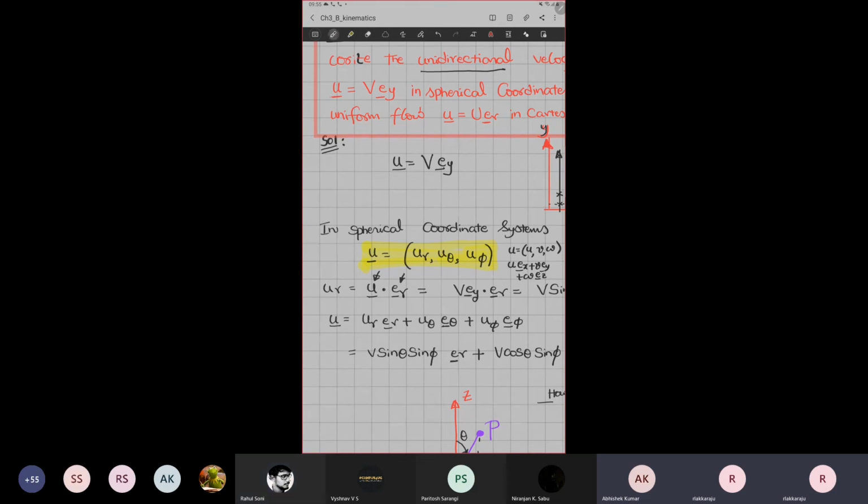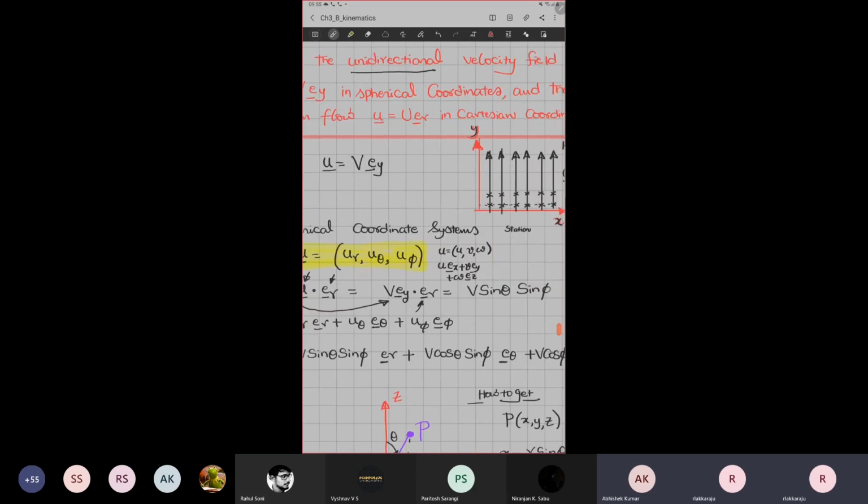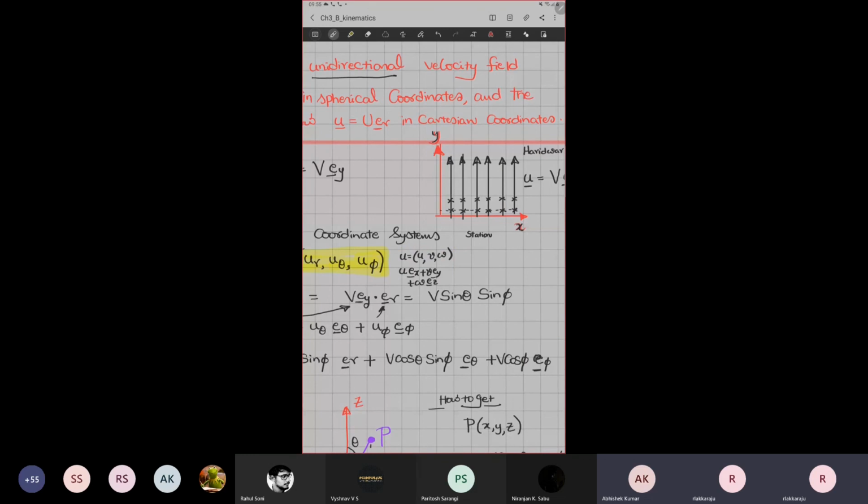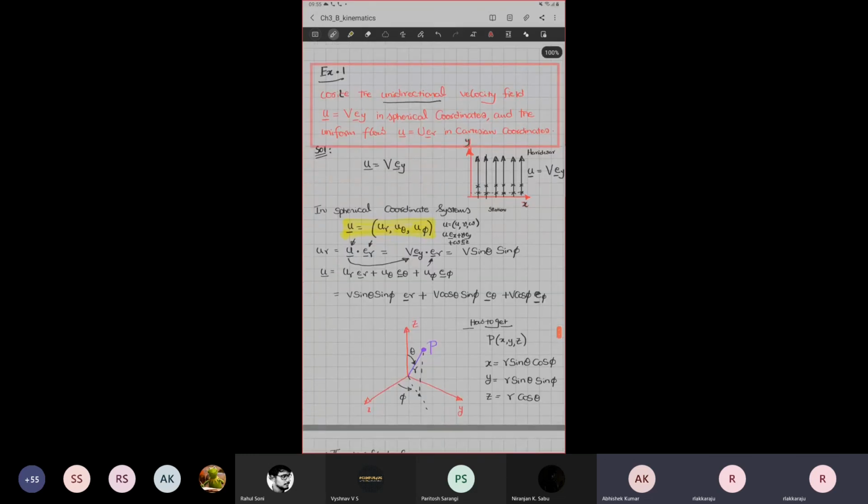If that is clear, the U component is V ey dot with er. So how are the ey and er coordinates going to dot? For that purpose, just give me 2 minutes, we will close the session.